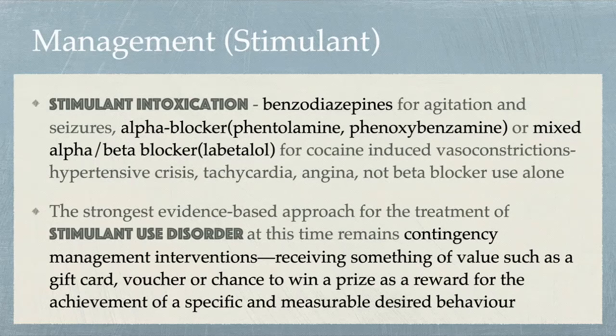The strongest evidence-based approach for the treatment of stimulant use disorder remains contingency management interventions. This means the patient is given a gift card, voucher, or chance to win a prize as a reward if he or she stays sober, meaning the urine drug screen comes back negative, and then we give the prize so that the patient gets motivation.